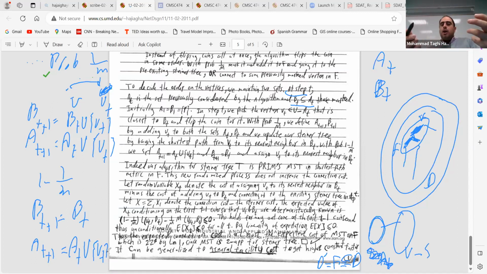So what I need to consider is how much connection cost I will pay for each vertex. So consider the expected cost. Let me just delete some parts.